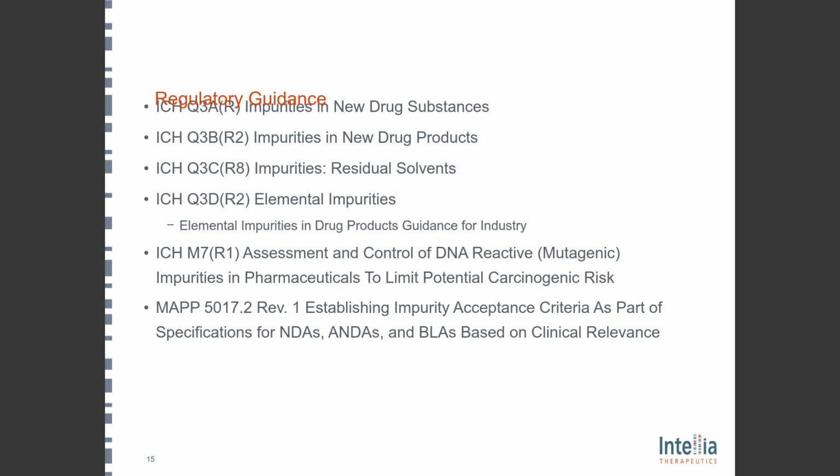They set permissible daily exposures for certain impurities, especially the elemental impurities. But for a lot of the impurities that you might see within your gene therapy products, they're not going to be here. For example, your host cell proteins, they don't list the host cell proteins' permissible daily exposure within these guidances. So that's something you kind of have to determine on your own. And I'll talk about that a little bit more further on.